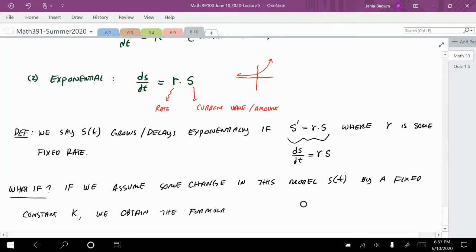We have s prime is equal to r times s plus some fixed constant k.